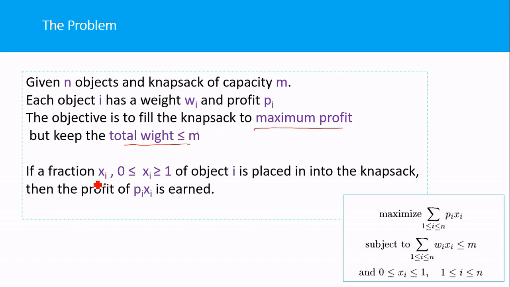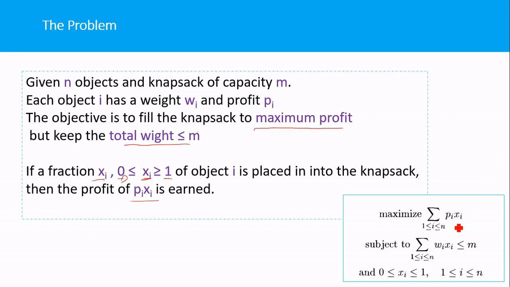You can divide each item into a fraction xi, such that the fraction is between 0 and 1, including both. That is, you don't need to take an item, or you can take a fraction between 0 and 1, or you can take the entire item. If you place the fraction xi of an item in the knapsack, then the profit of adding that item will be pi times xi.